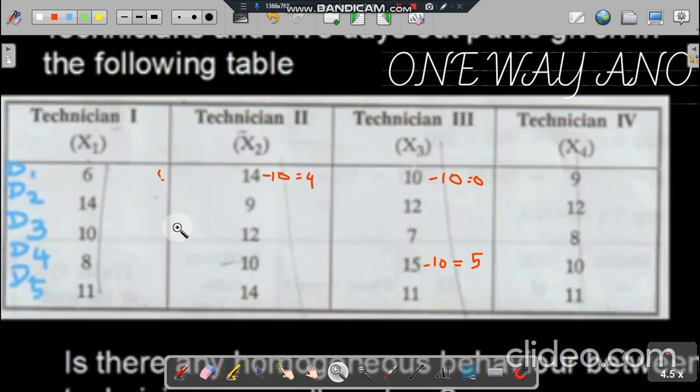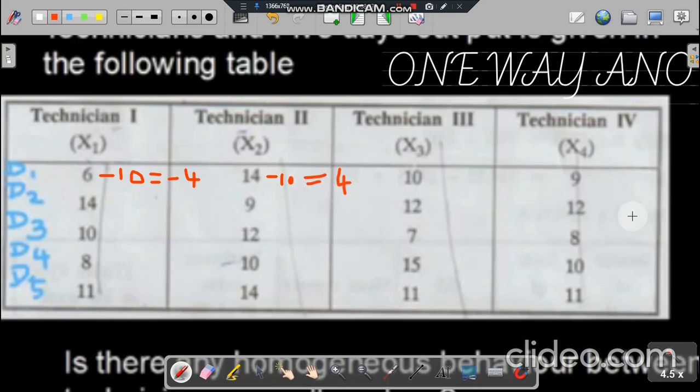The center number here is 10, so we can take 10 and subtract it from each and every element here. 6 minus 10, your answer is minus 4. 14 minus 10, you get 4.